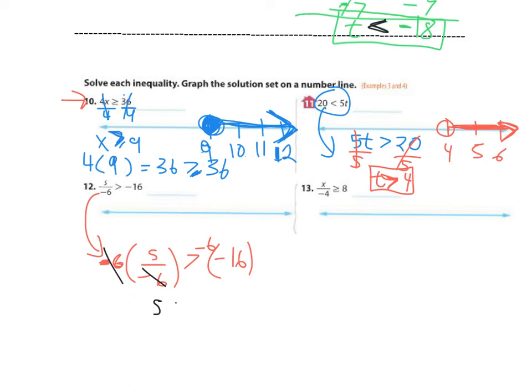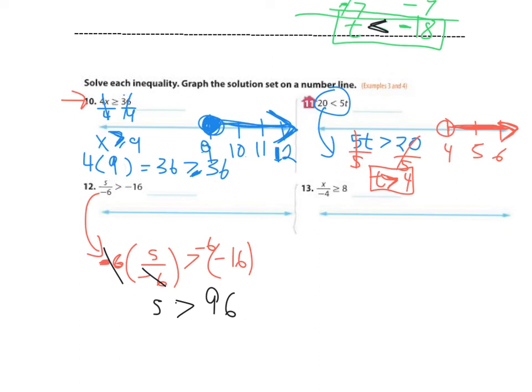On the other side, I have -6 times -16. Now in this situation, we have s on one side left over, and then we have 6 times 16 is 96, and a negative times a negative makes a positive 96, okay? If we were to keep this symbol as greater than, let's say that s was bigger than 96.